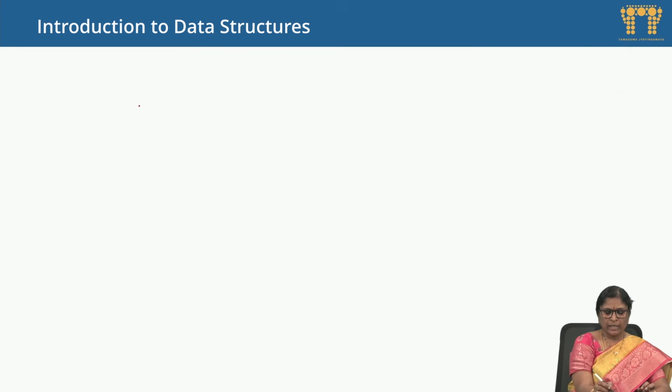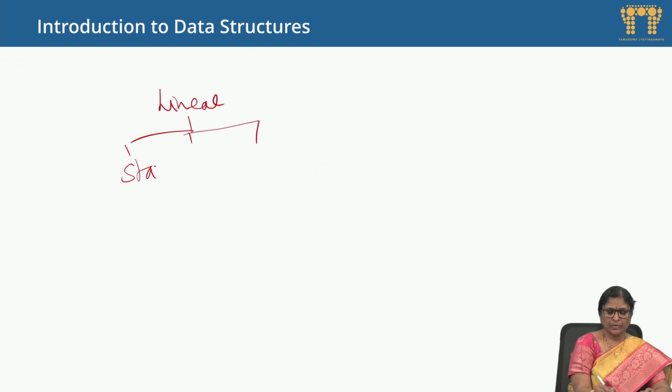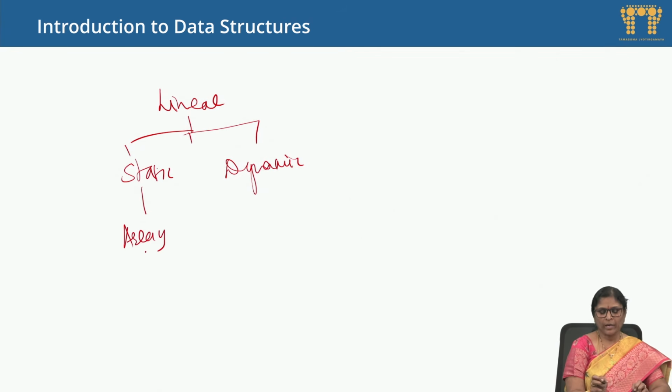Under the linear data structure, we have again static and also dynamic data structures. Under the static, we have an array, right? You know what an array is.